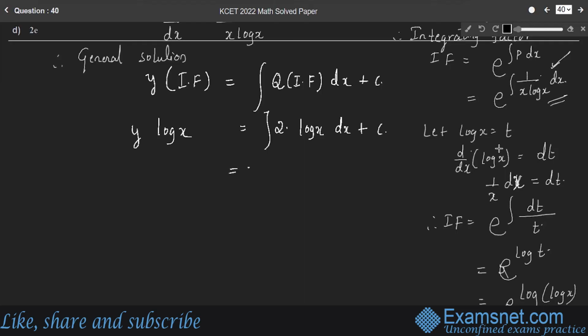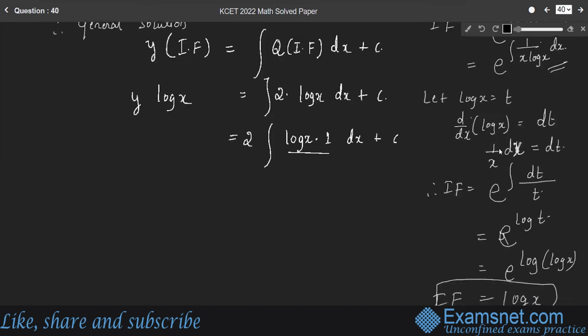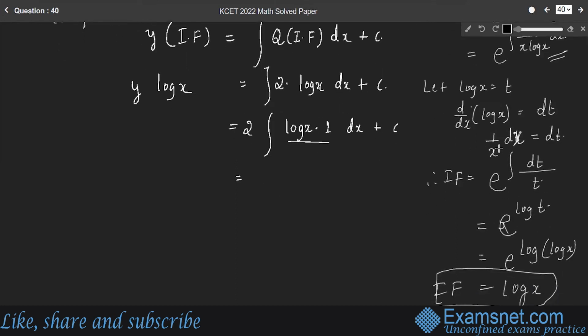So here we'll take out 2. So 2 into integral log x, we'll write log x as log x into 1 dx plus c, right? So here, integration of the product of two terms, which the formula says, log x into 1 with respect to x.